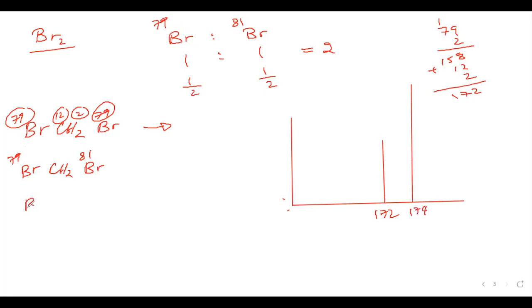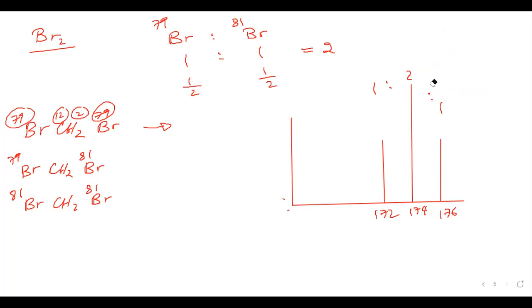And if both bromine atoms are 81, we are going to have a molecular ion peak at 176. But we will find that the ratio here is 1 to 2 to 1.